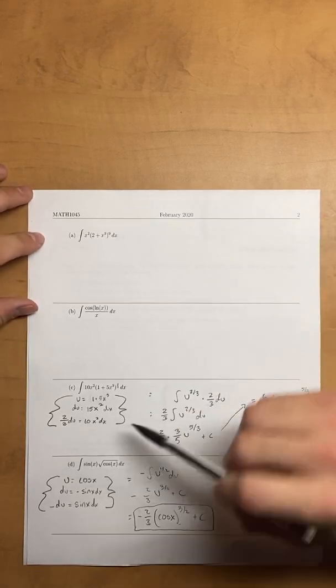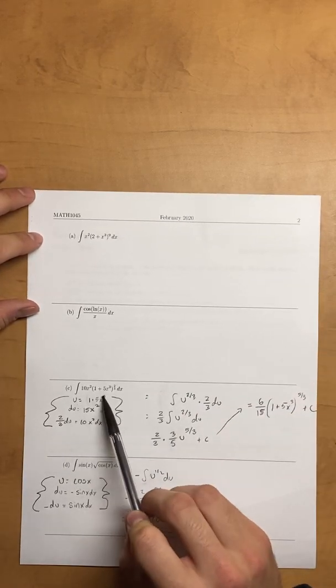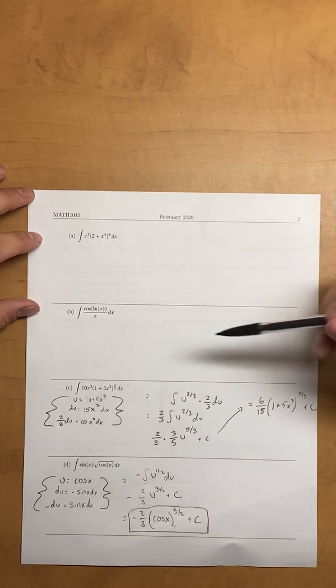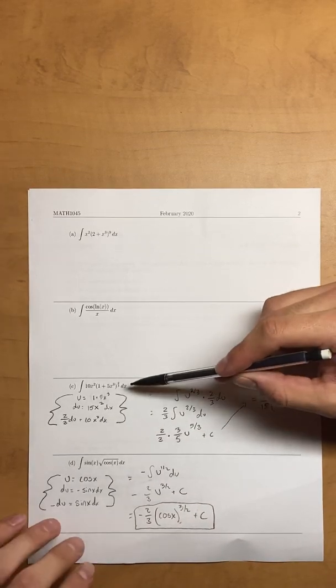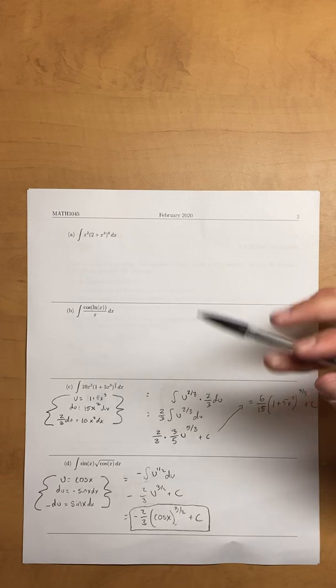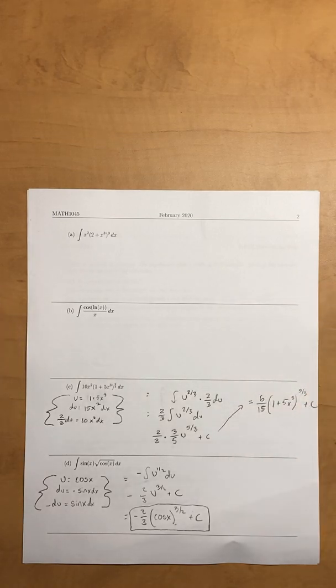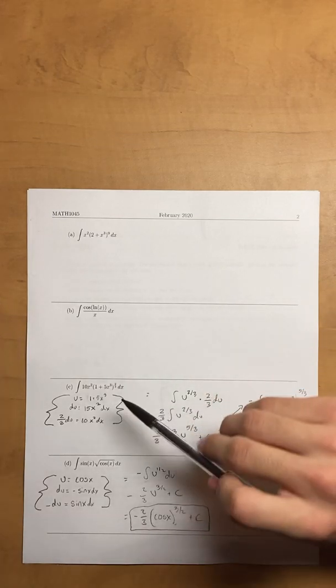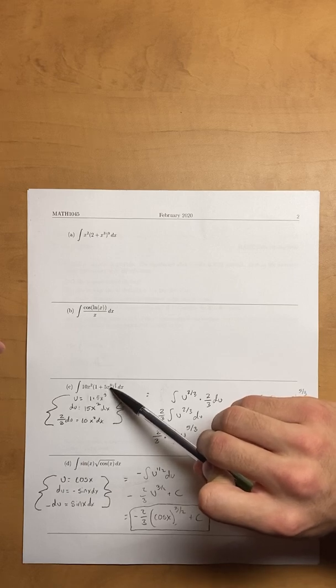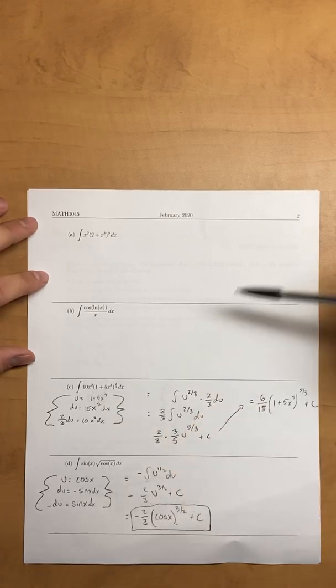For question C, I made u the 1 plus 5x cubed, and I chose this because this is in parentheses, and it's also all being raised to a power. And also I noticed that the x cubed will then change to x squared, which we can then get rid of.